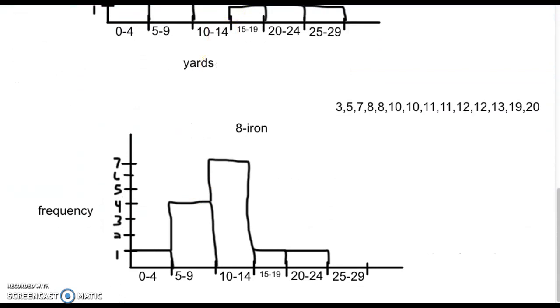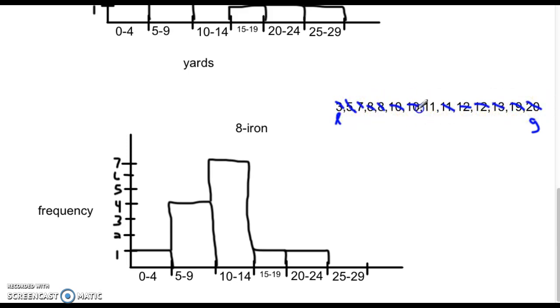I first need to find my least, which is 3, so I'm going to write an L. My greatest is 20. Then I need to find my median, so I'm going to cross off back and forth. You should be doing this with me. 1, 2, 3, 4, 5. 1, 2, 3, 4, 5, 6.